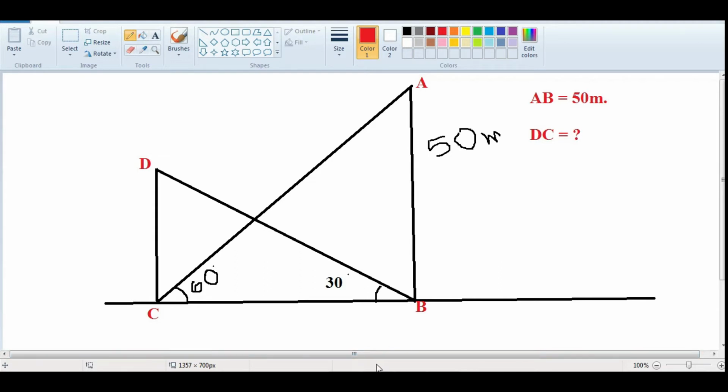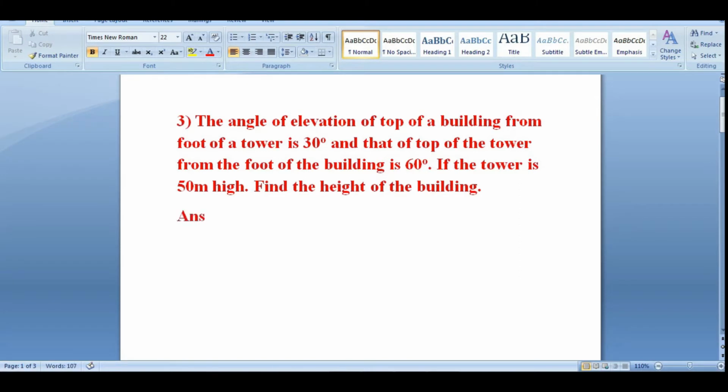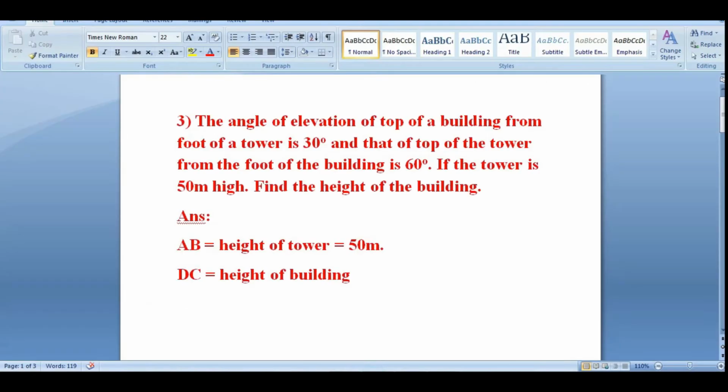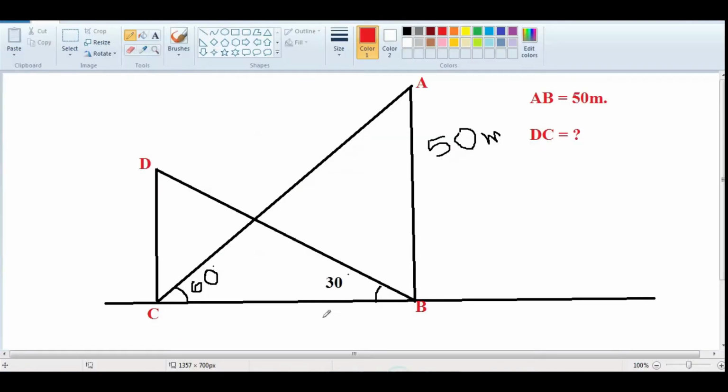So at first we will initialize everything. The angle DBC is given as 30 degree, and the angle ACB is given as 60 degree.